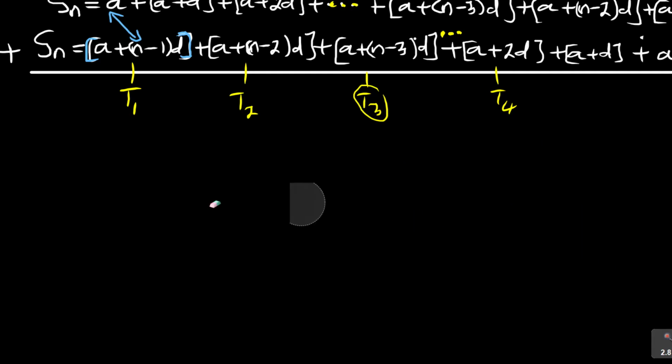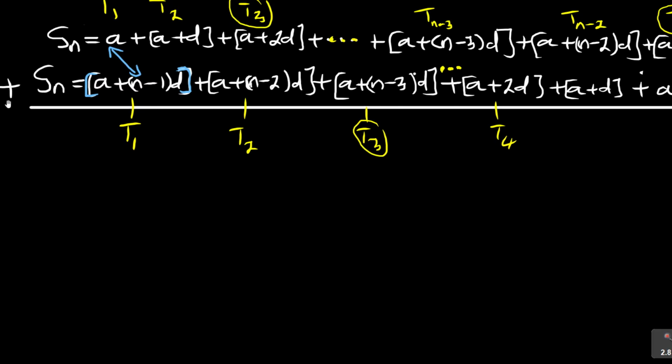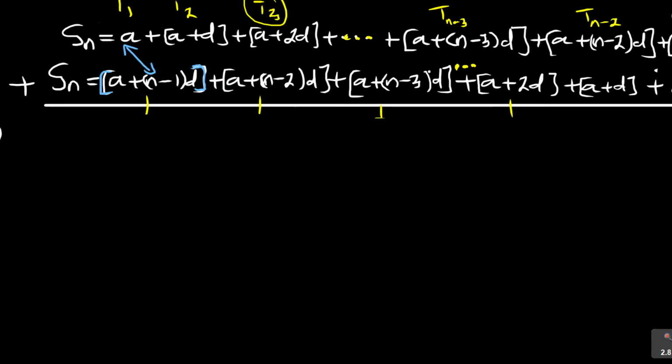So for example, if I continue the same way here, if I'm continuing with the way they are linked, when I'm adding Sn plus Sn, what do you get? Sn plus Sn is 2 Sn on the other side, is equal to, this one gave me 2a plus n minus 1 d.